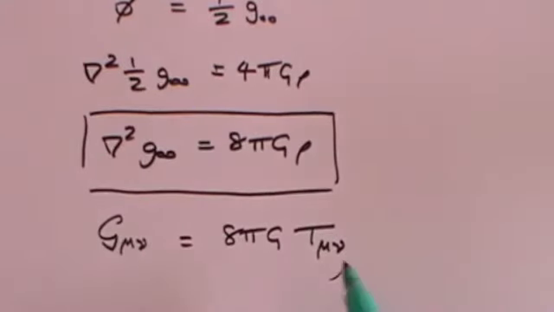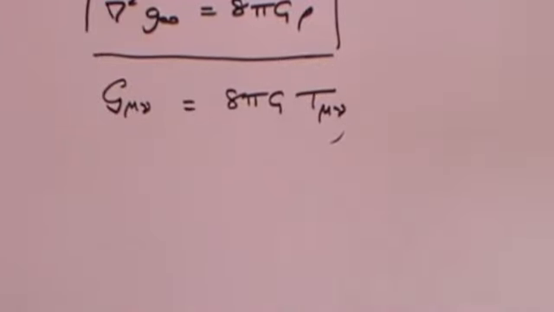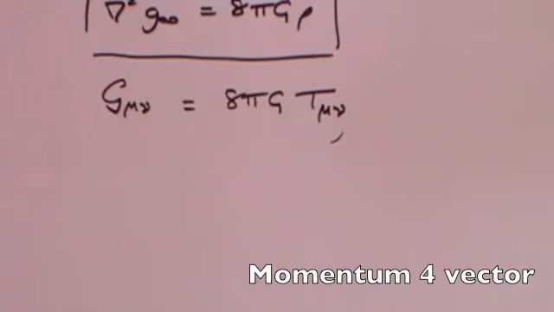Well, let's look at the T mu nu side of it first. If you go back to my video on special relativity, E equals mc squared part 5, and go to the point in the video which is 2 minutes and 10 seconds in, you'll find that we derive what is called a momentum 4 vector. The 4 vectors, of course, are 1 dimension of time, 3 dimensions of space.